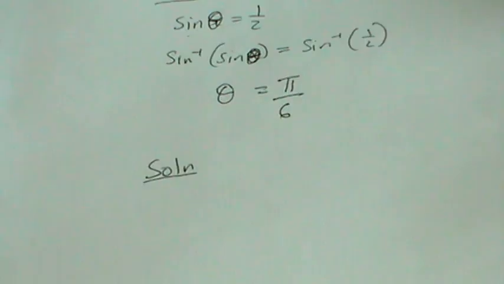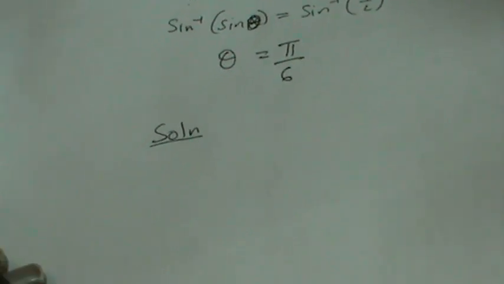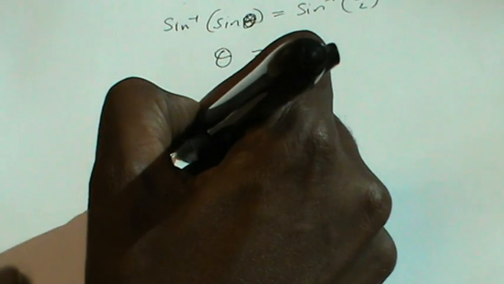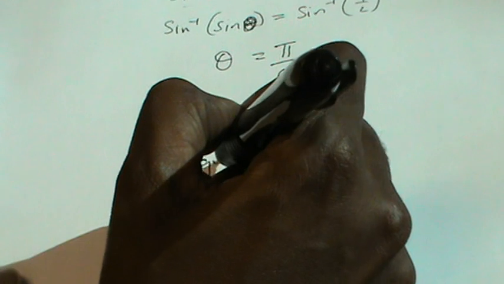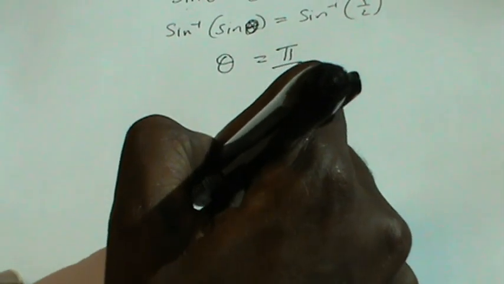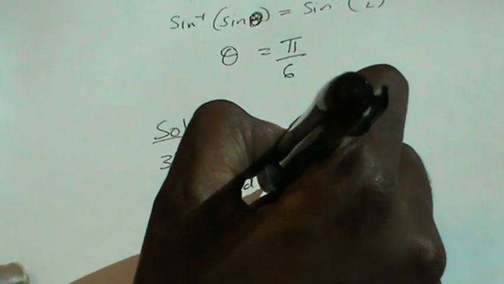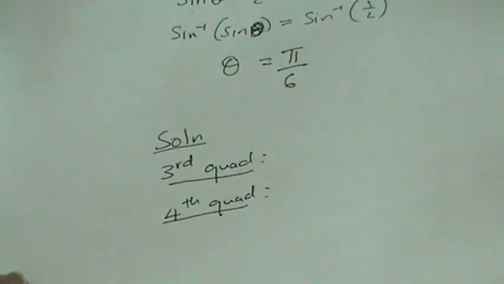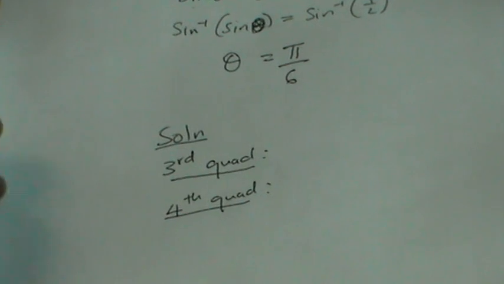Okay, so the solutions, we said we have an angle in the third quadrant, and then an angle in the fourth quadrant. Now we need to remember the definition of an angle in the third quadrant.